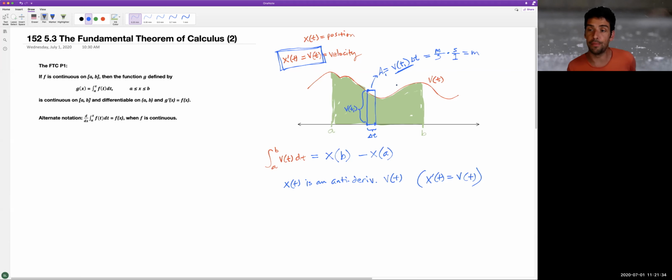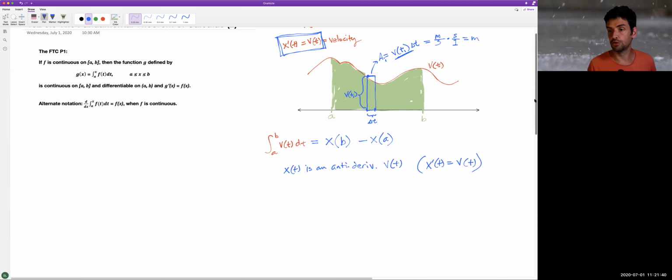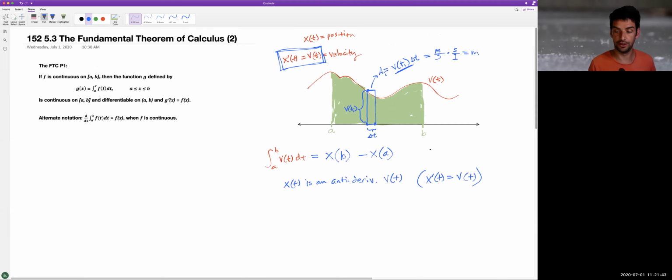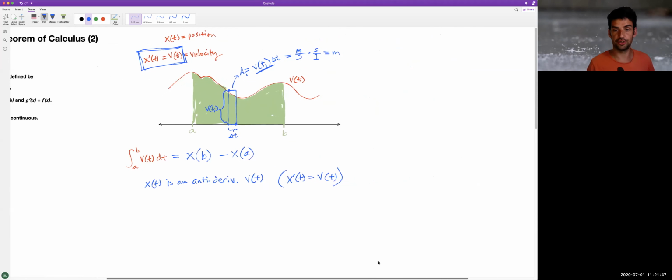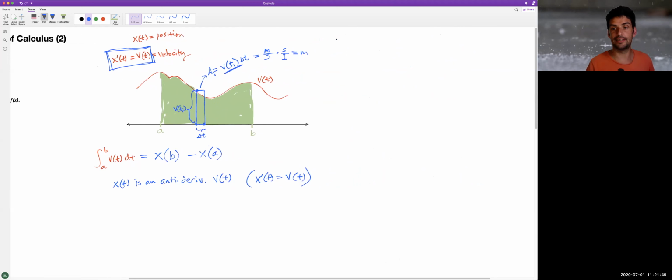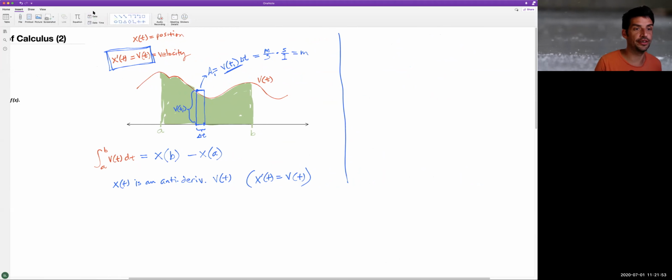I wanna go back to a thought I had just a second ago about total displacement versus distance traveled. Let's look at a similar situation, except I want to change just a couple of small things.